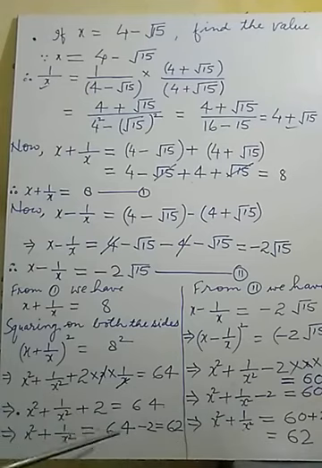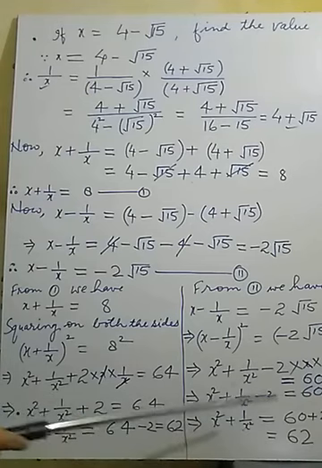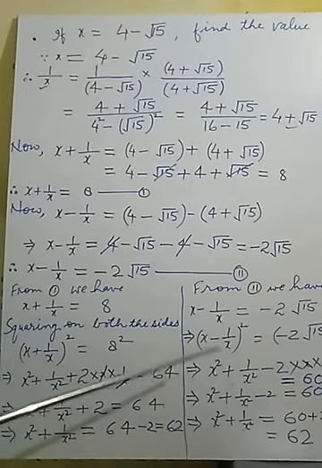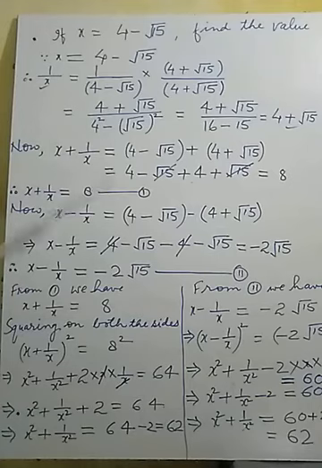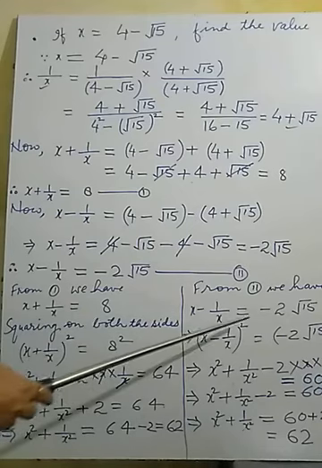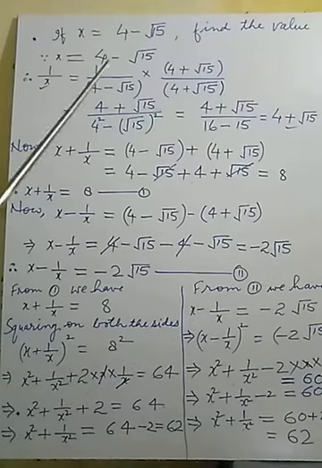So either solve by this one or solve by this one. Both methods will not be accepted. You have to adopt either this method or that method. It depends upon you which one is convenient for you. Either x plus 1 upon x equals 8 is convenient for you, or x minus 1 upon x is convenient for you.